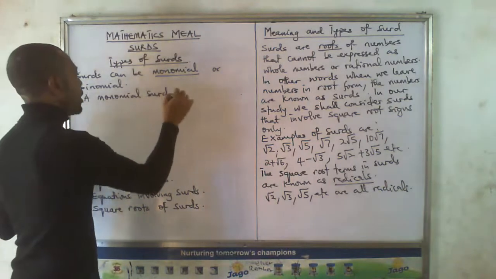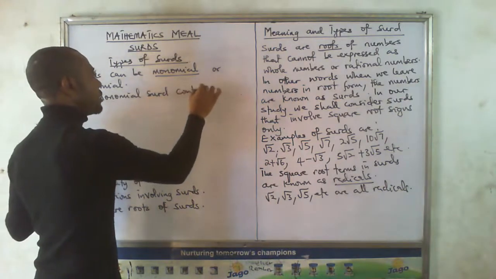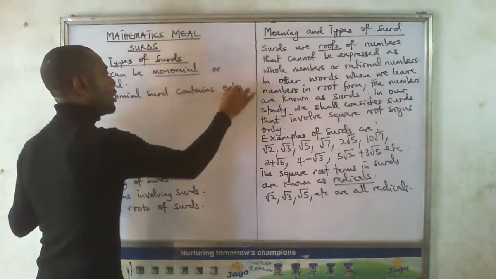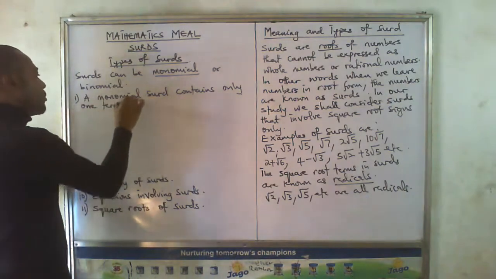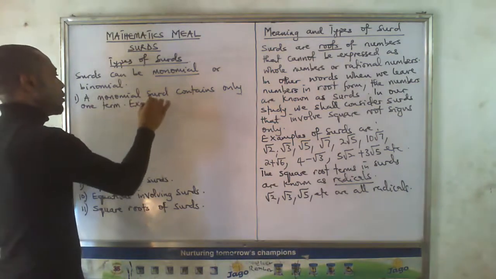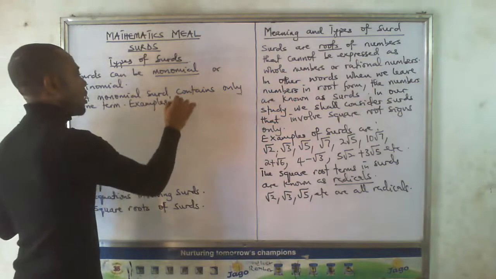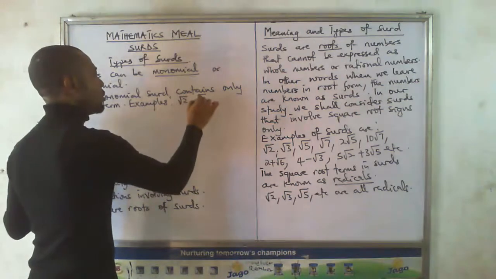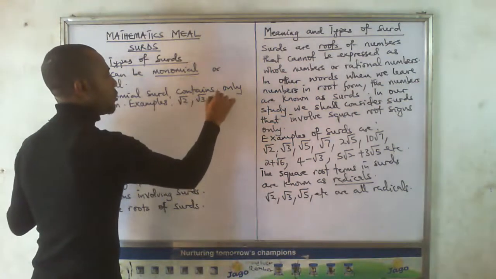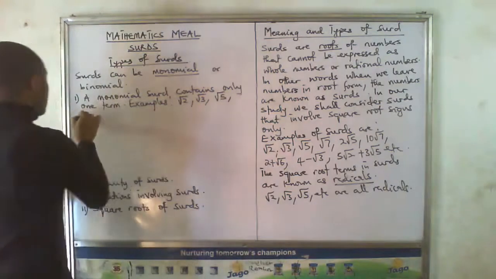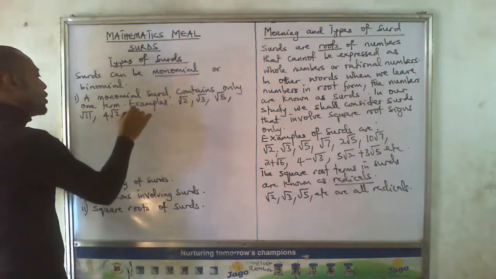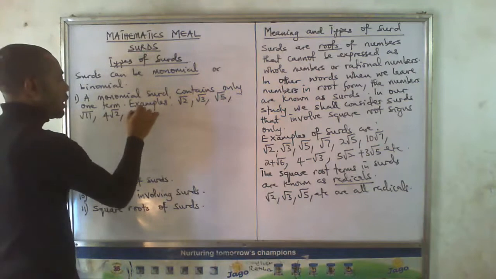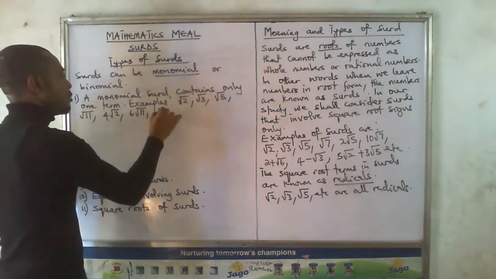A monomial surd contains only one term. Examples: we have root 2, root 3, root 5, root 11, 4 root 2, 6 root 11, 10 root 3.